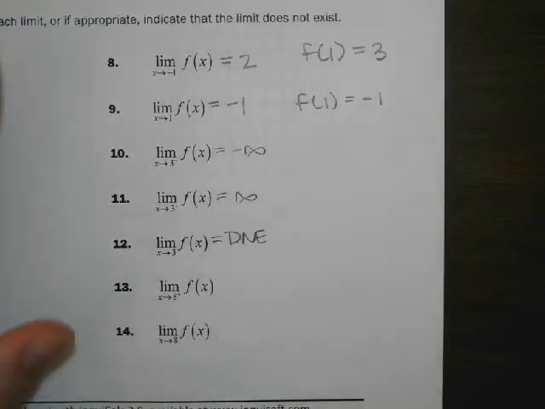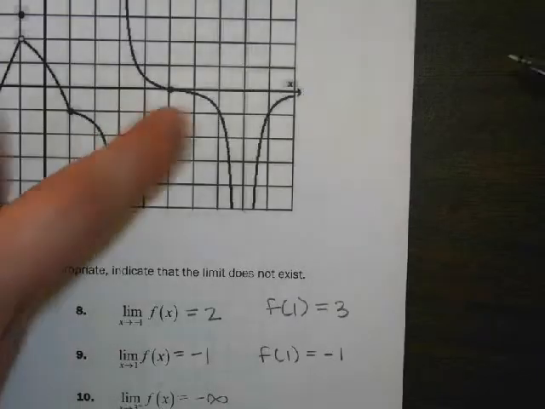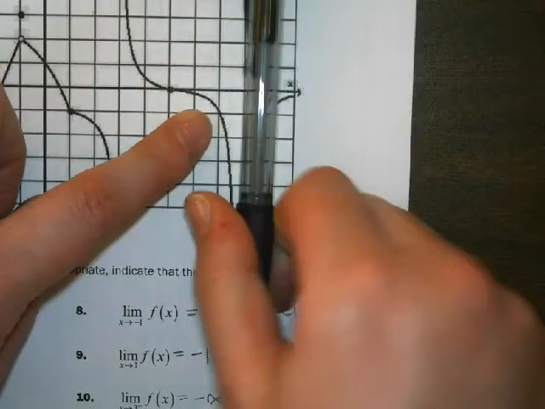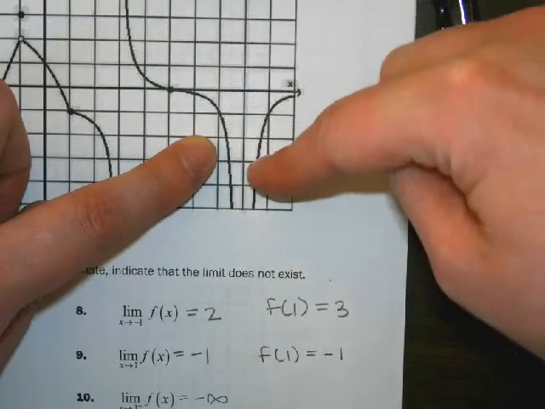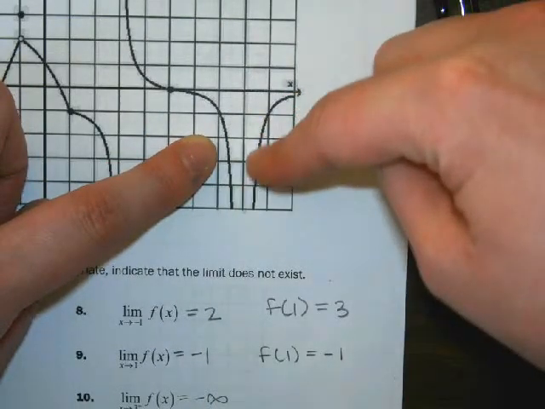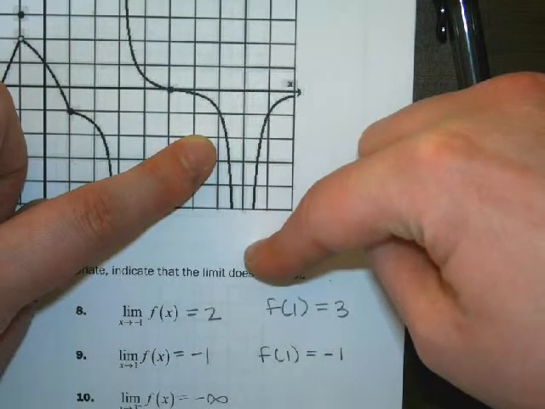All right. And then last, they're asking us to look at the limit as x goes to 8 from the right. So 8 is over here. So here's 8. They want us to take our right finger and look at what happens. So if I follow this graph to 8 on the right side, what do I see? Negative infinity. My finger's going down forever.